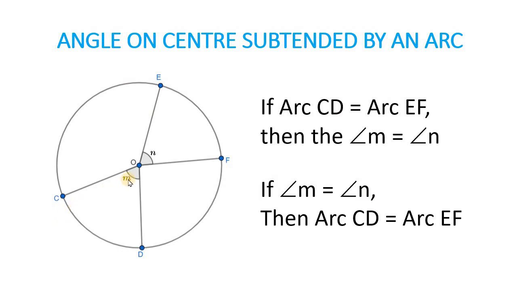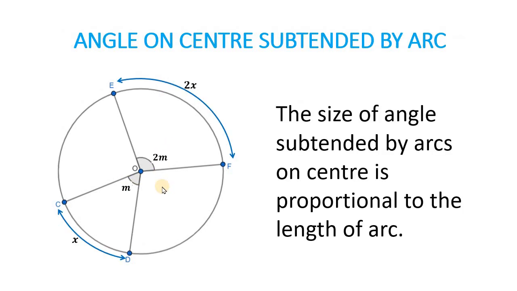If the angle M and N, meaning the angle on center, is the same, then the length of arc will be the same. Also backward, if the length of arc is the same, then the angle on center is the same. Another one is the size of the angle is proportional to the length of the arc.